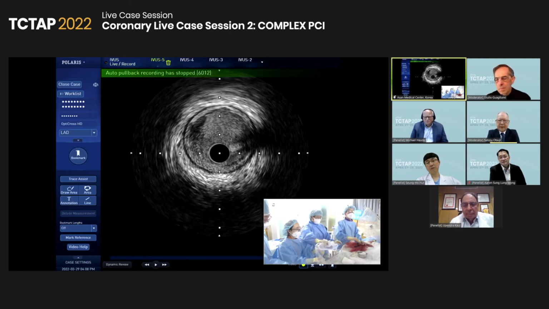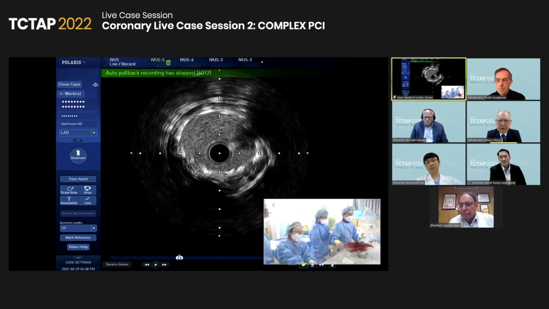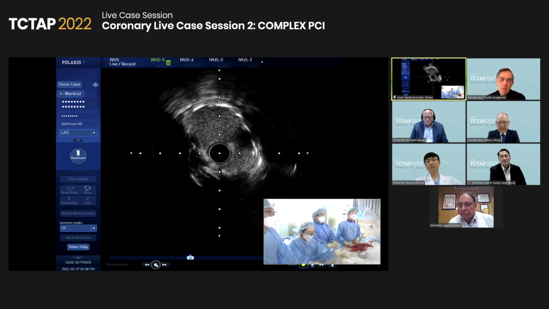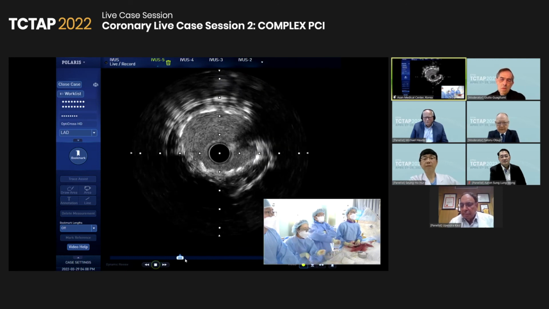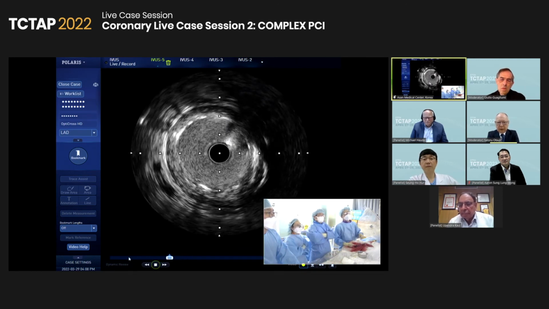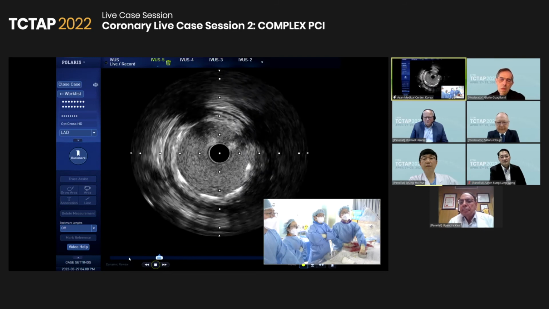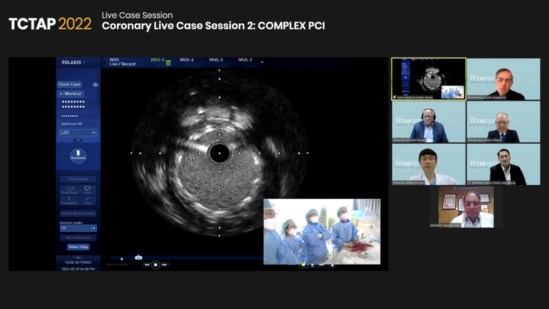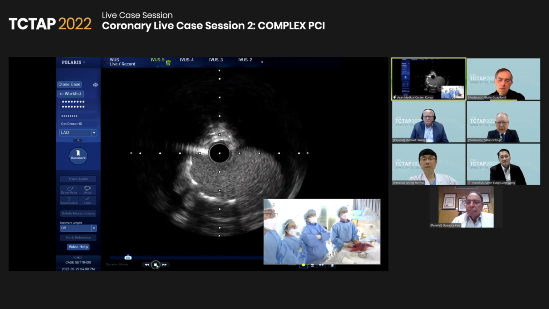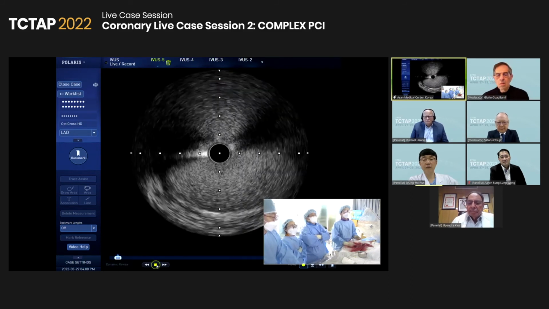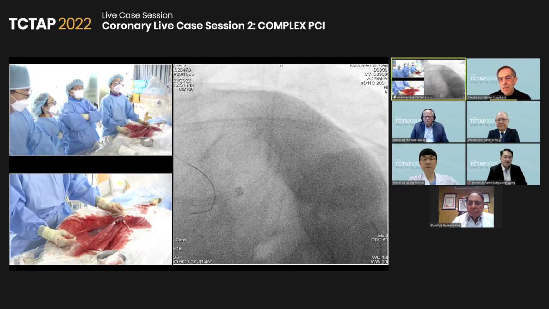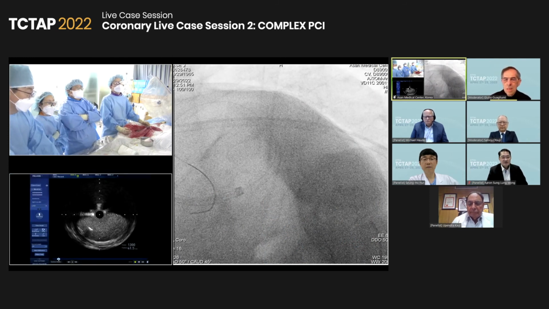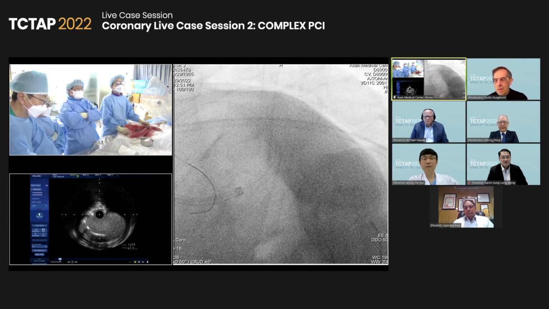Stent struts are present at the left main ostium. Yeah, I agree. There's a little bit of stent damage by the guiding catheter at the very tip of the stent. But still the whole lumen is fully covered with stent struts. I think so. And I think we do not need more.